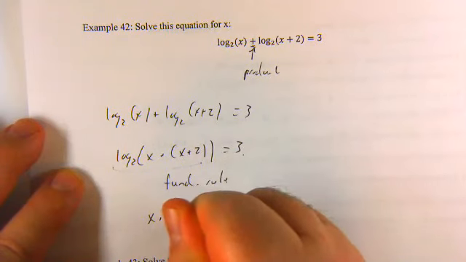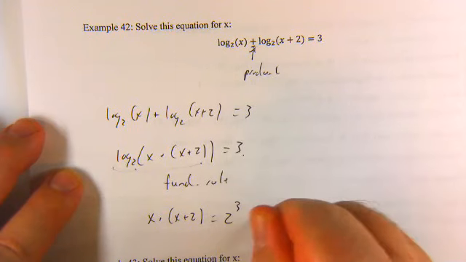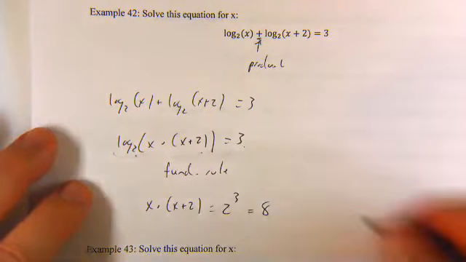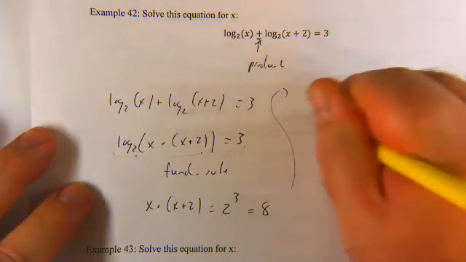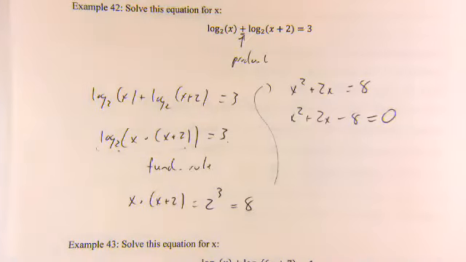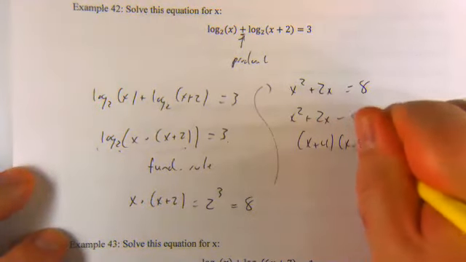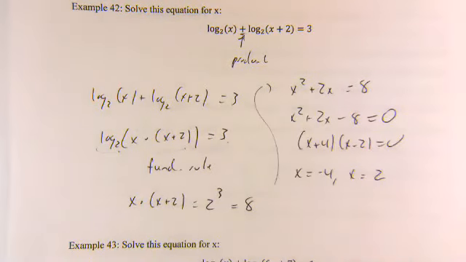The thing inside the logarithm is the base raised to the power. So x times x plus 2 equals 8. This is a quadratic equation. x squared plus 2x equals 8. Subtract 8 from both sides, and you're left with x squared plus 2x minus 8. And that factors x plus 4, x minus 2.